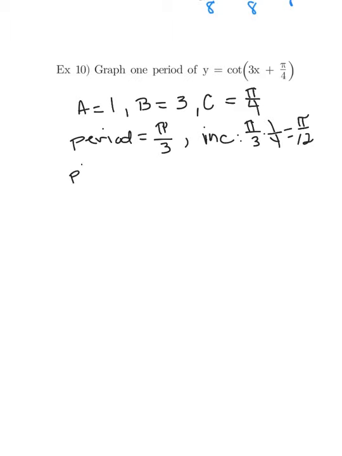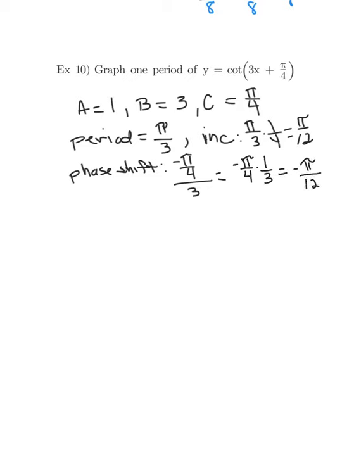Our phase shift. We're going to do the opposite of our c, so we're going to do negative pi over 4, put it over our b. This means we have negative pi over 4 times 1/3, which is negative pi over 12.